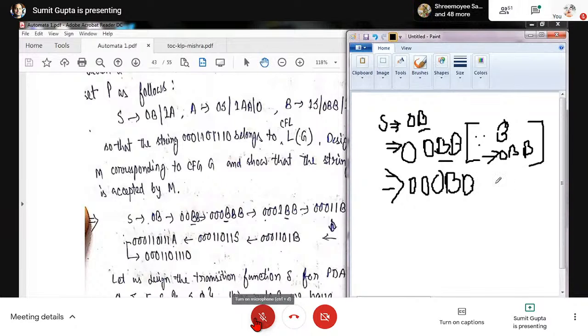This one, do same thing. Next up, why are we doing this 0, 0, 0? Because you can see in this string we have initial first 3 zeros. Now 1 is coming. So for that we have to apply B gives 1. So we'll be having 0, 0, 0, 1B.